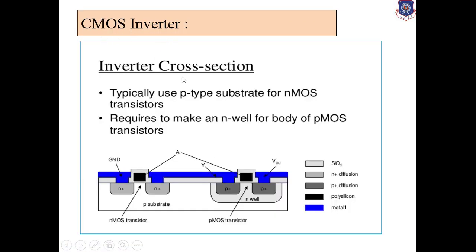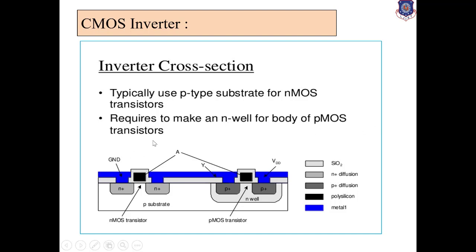CMOS inverter cross-section, in detail. For the cross-section, it is necessary to understand that a P-type substrate is typically used for the NMOS transistor and an N substrate for the PMOS transistor.